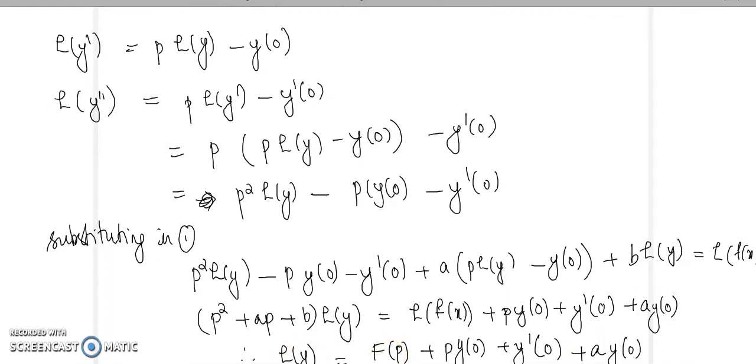So L of y we get in terms of p. Our aim is to find what is y of x. Now take the inverse Laplace transform here. So that will give us the solution for the differential equation.